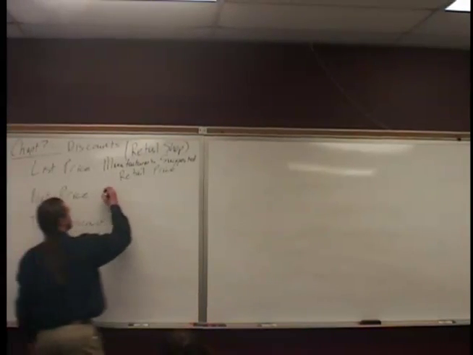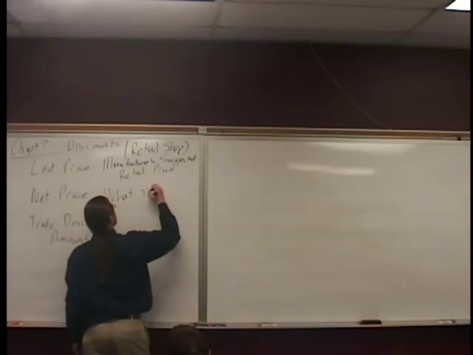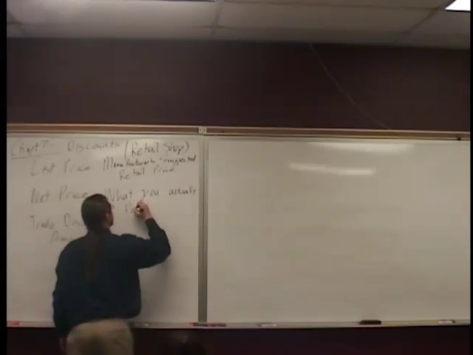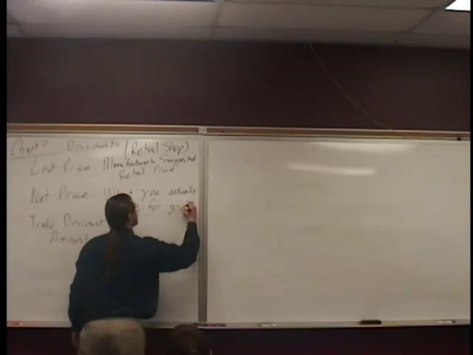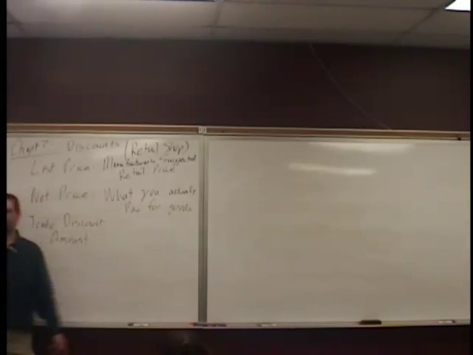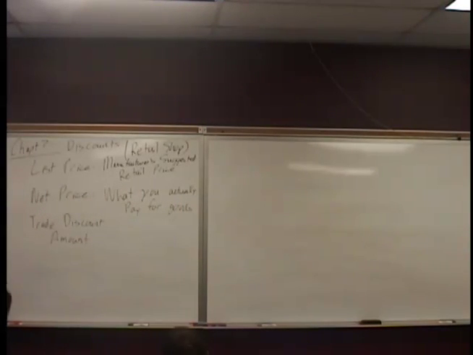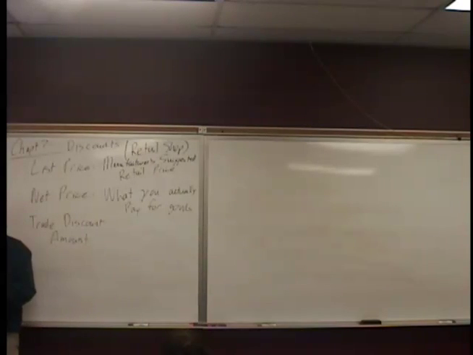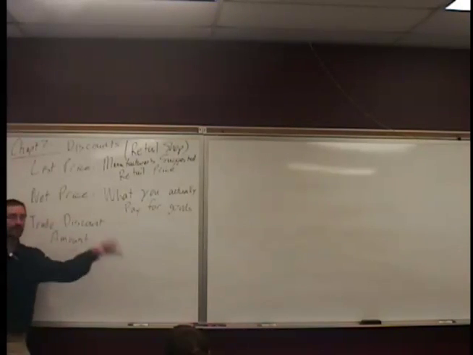The net price is what you really pay for your goods. Again, remember that you are the owner of this business. So when you are buying these things from someone else, you're not getting them for yourself. What you're doing is getting raw materials so that you can then sell them to someone else.